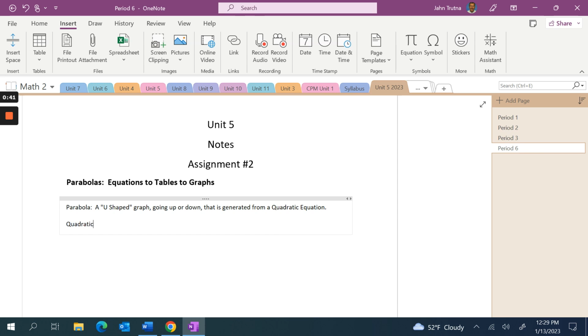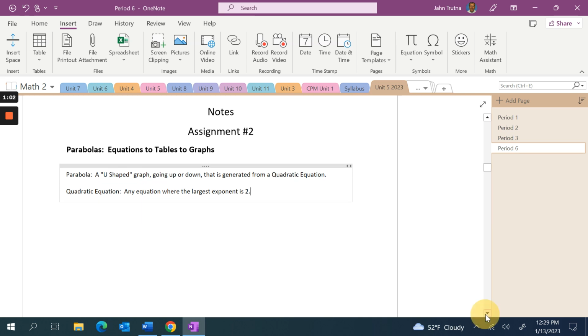A quadratic equation is any equation where the largest exponent is 2. Okay? Those are two definitions that you need to be very familiar with.